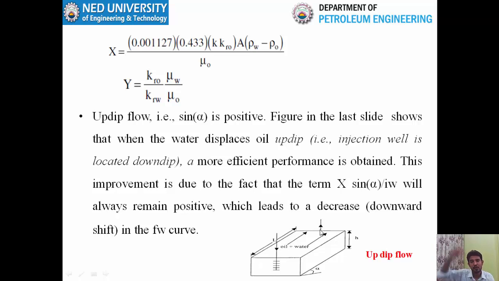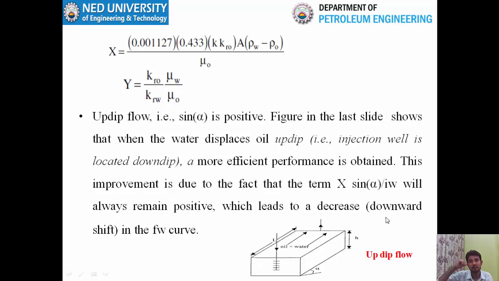So in the case when the water is injected from the injection well which is located up dip in the reservoir, which means now water is moving down dip, obviously the gravity will push water greatly, because water has higher density as compared to the oil.